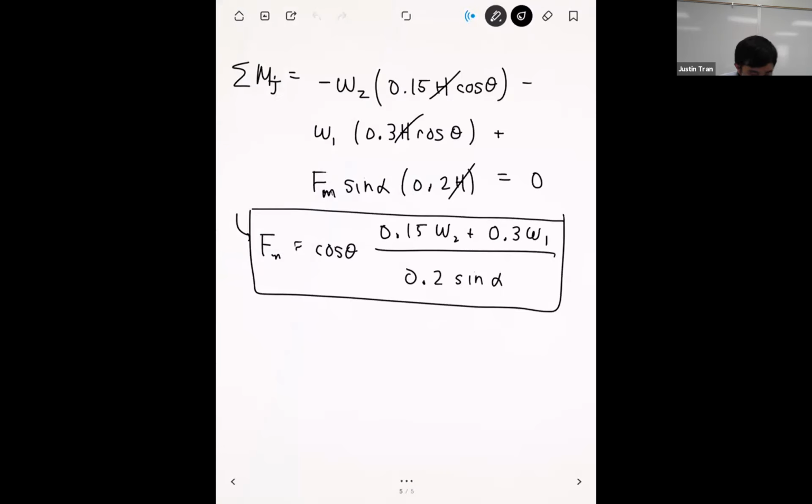All right, and so we can go ahead and plug in values for W1 and W2 as well. Typical values for W1 and W2 based on anthropomorphic data are that W1 is equal to 0.18 W, and W2 is equal to 0.36 W, where W here is the weight of the whole body.